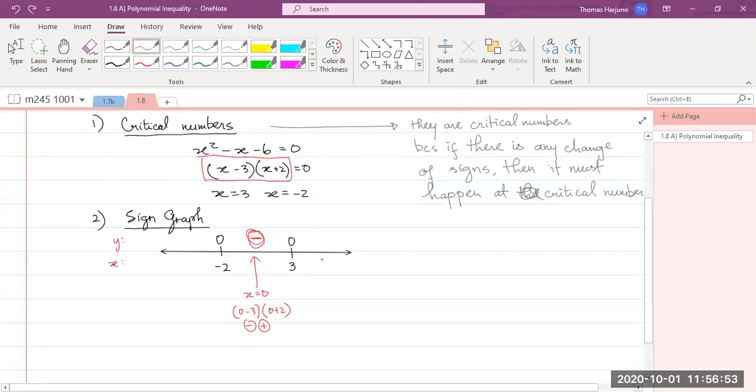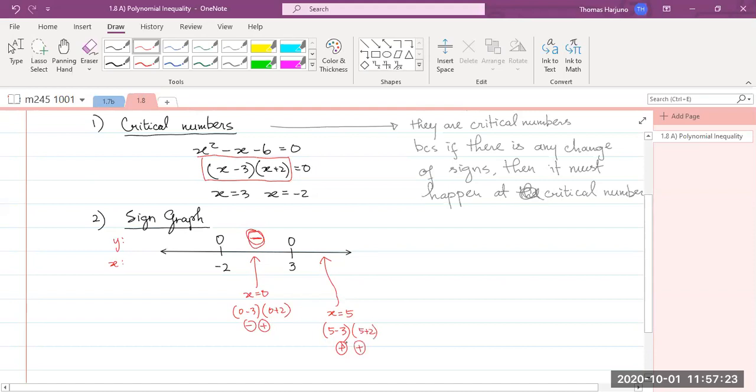Later on, I think on Tuesday, I will show you there's a little shortcut that you may be able to use. Now on this interval, let's say I pick x equals 5. Can I use 15, Thomas? Yes. Can I use 10? Yes. Can I use pi, which is 3.14? Yes. But when x equals 5, I get 5 minus 3, which is positive, times 5 plus 2, which is positive.